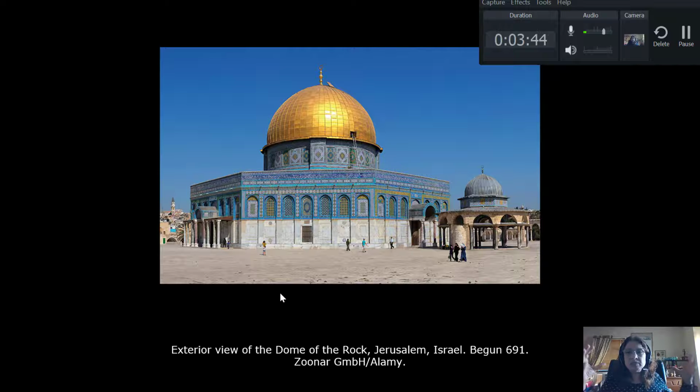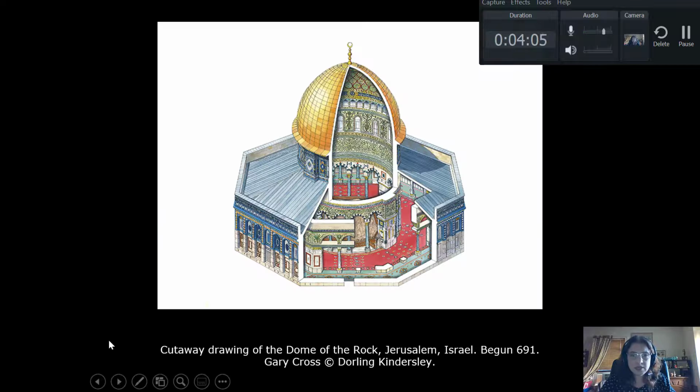So this building is built around this site, and it becomes a Catholic church. Later, it then is made into a mosque. And I have a video up that walks you through this. And it's still presently a mosque. If I show you a cutaway of this, you literally can see the rock here.